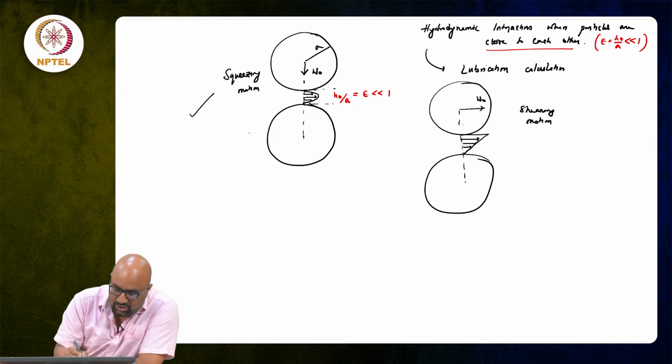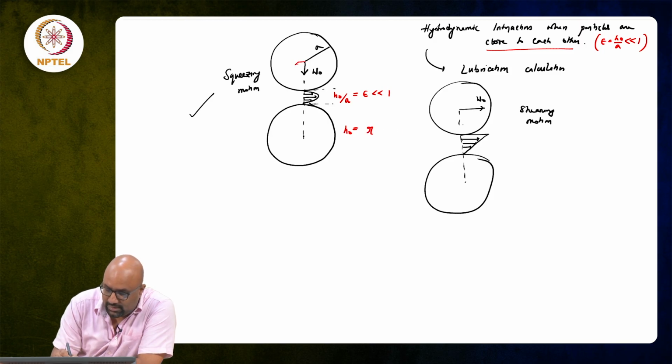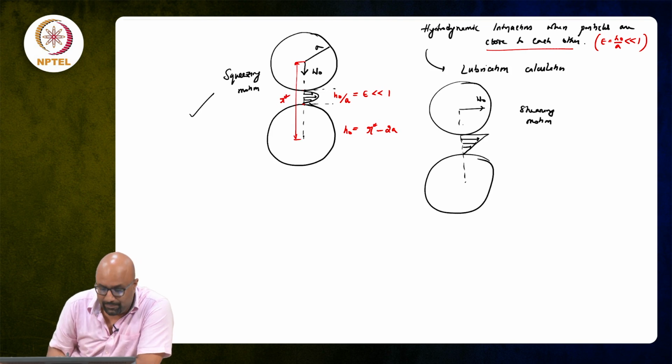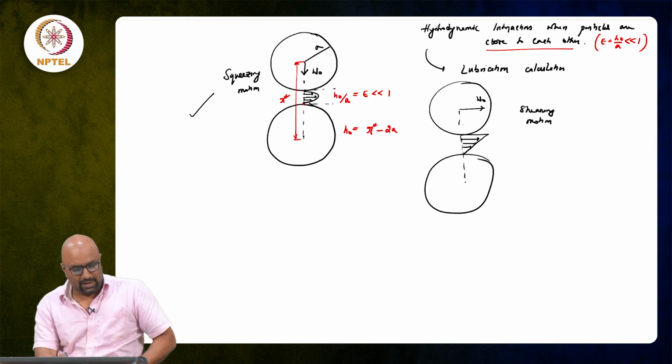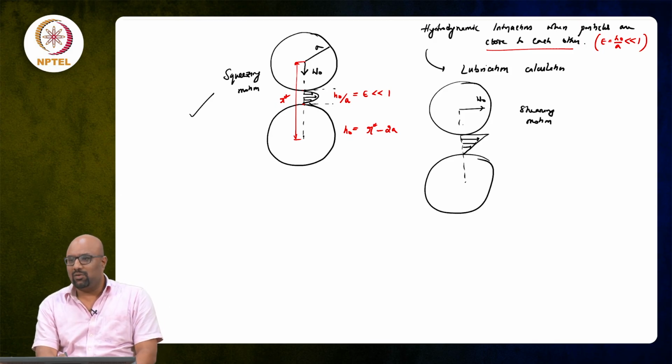If I define the gap in a spherical coordinate system, with r star as the center to center distance, H naught is r star minus 2a. I am considering the spheres to be equal. If they aren't equal, it becomes r star minus a1 minus a2. That is the smallest gap between the two spheres.